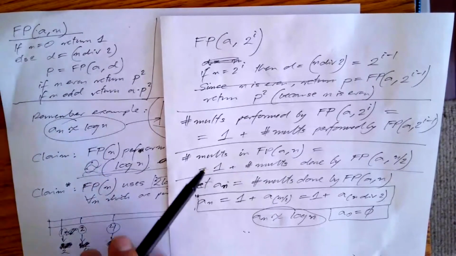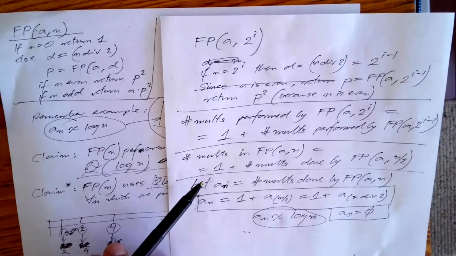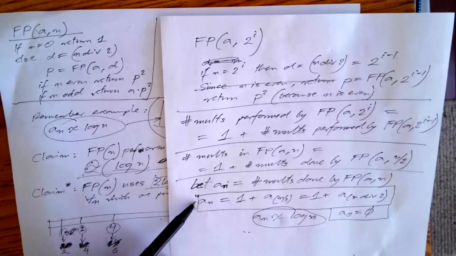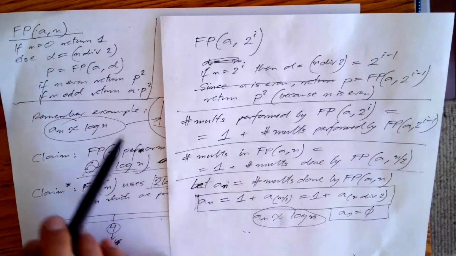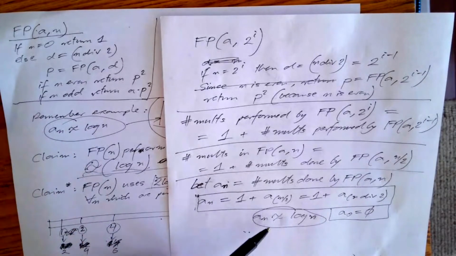Well, what's special is that its cost, measured in terms of number of multiplications, is characterized by this recurrence relation. And this recurrence relation, as we already argued a week or so ago, grows like this. You can argue this very cleanly for n which are powers of 2.